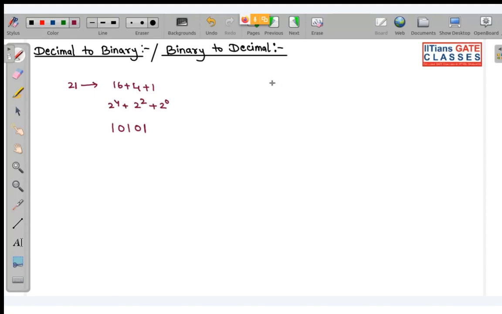But for big numbers like 312, you cannot write it like this. You can try 256 plus 64, which will be 320, no, you cannot have this. So 256 plus 32 is 288, plus 16. I am not able to do mental calculations today.